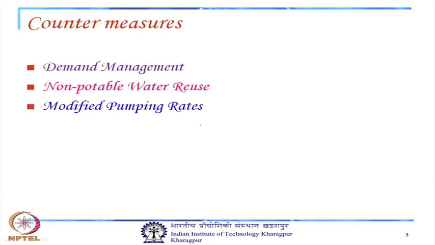Third one is modified pumping rates. With modified pumping rates only, we can control the seawater intrusion. Then pumping caps, with pumping caps also we can control the saltwater intrusion.